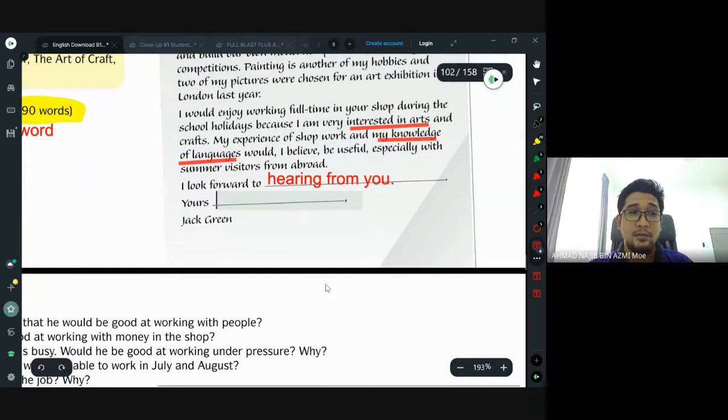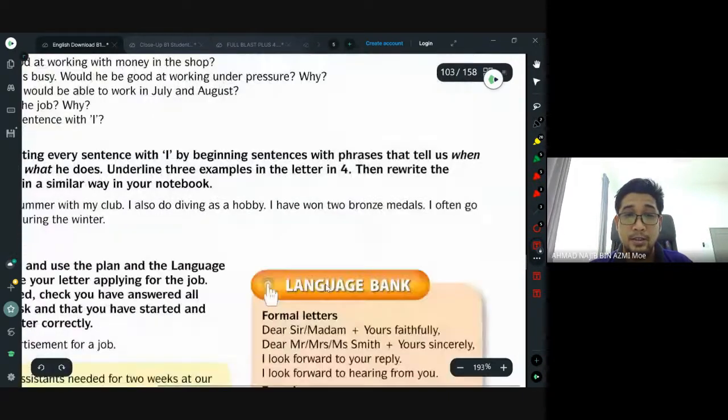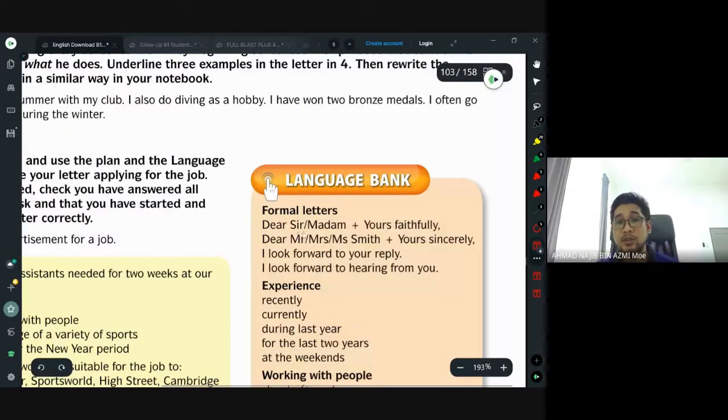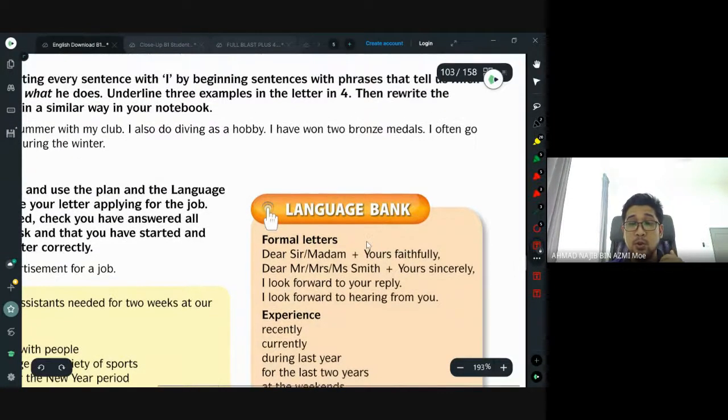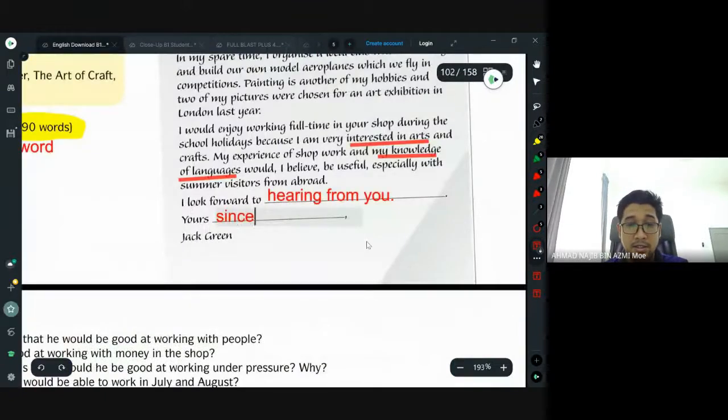If you look there, kat sini kan, if you use sir or madam, you should end with yours faithfully. Or if you use Mr. or Mrs. ada nama dia, you use yours sincerely. Okay, so kalau sir, madam, faithfully. Kalau nama, sincerely.